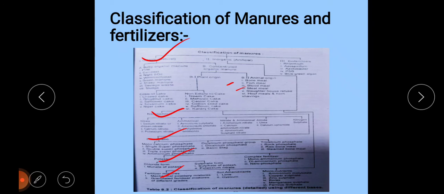And then one of the remaining parts is our biological sources of nitrogen, or sources of different plant nutrients: rhizobium, azospirillum, azotobacter, PSB meaning phosphorus solubilizing bacteria, and blue green algae. These are a number of different sources of plant nutrients.